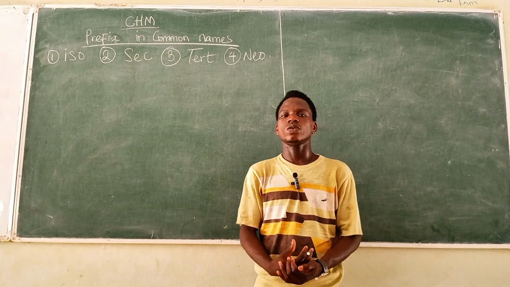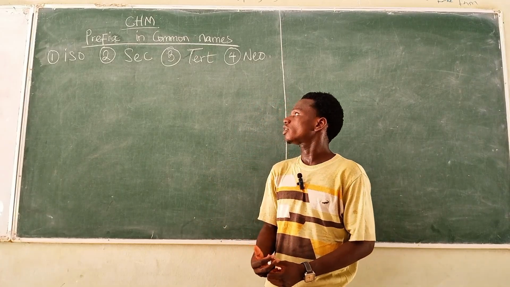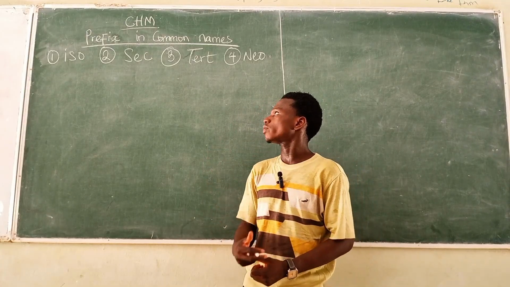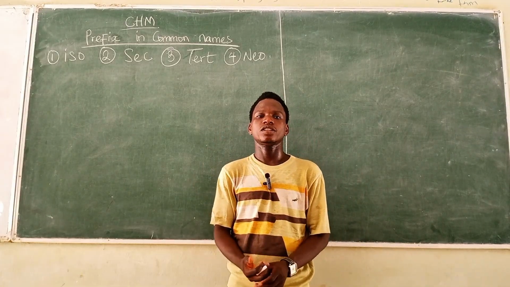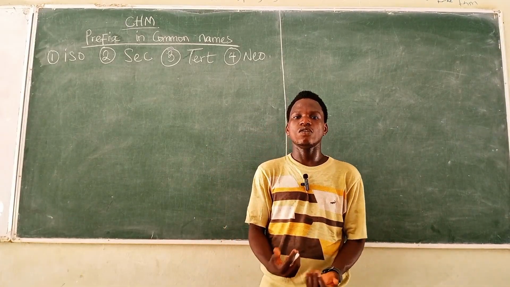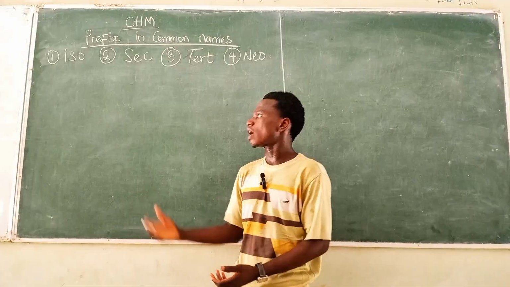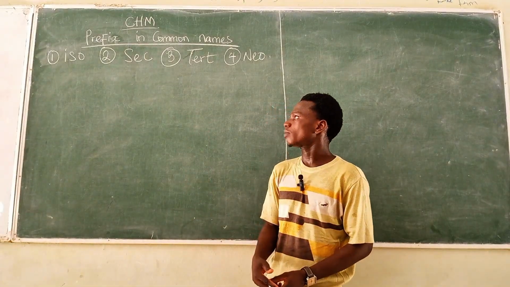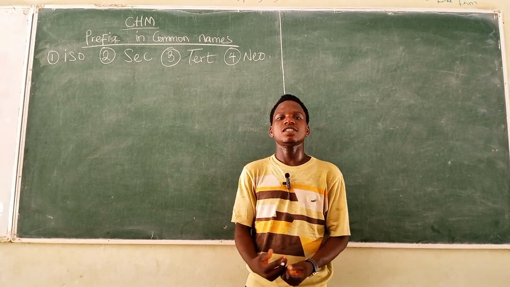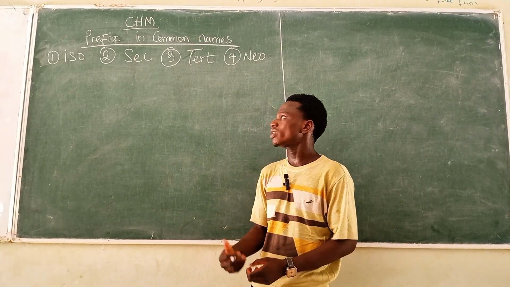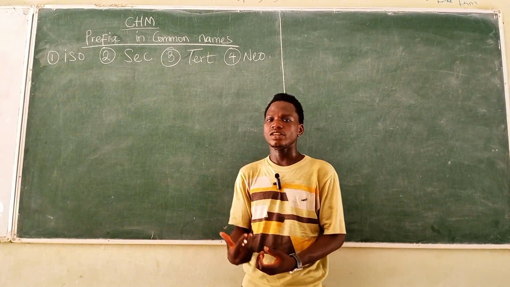In today's video, we'll be looking at how we can use the prefixes iso, sec, tert, and neo in common names of organic compounds. Now, when it comes to how to use these prefixes in common names of organic compounds, many find it difficult to identify which is iso, which is sec, which is tert, and which is neo.